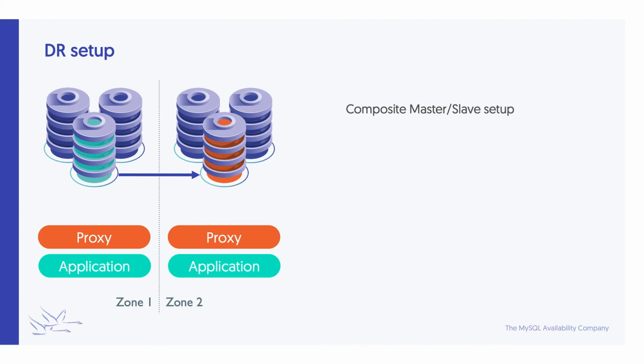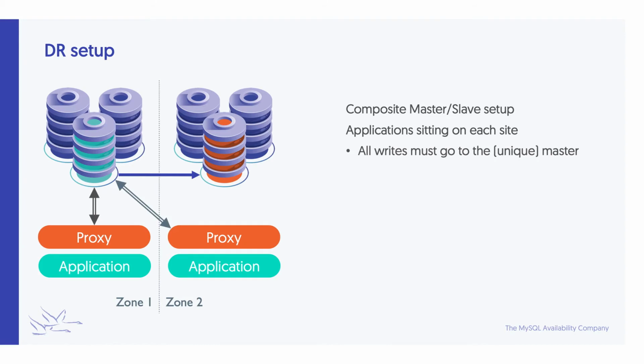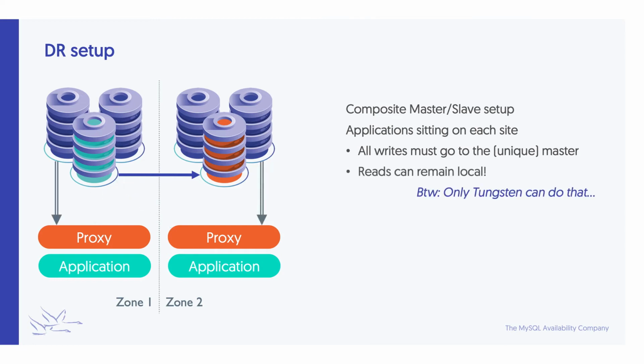On both sites, applications will be running and will access the databases. Of course, the applications that are sitting on zone 2 need to write information to the main cluster in zone 1. However, the applications that are set up on zone 2 will be able, thanks to the proxy, to read information from the local slave instances.